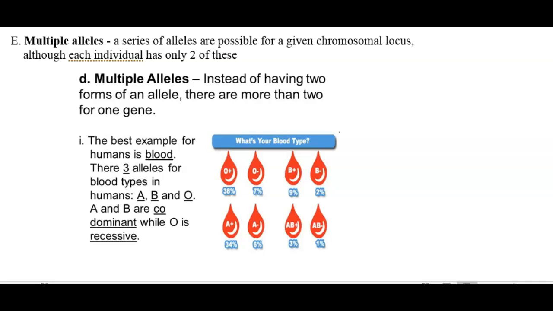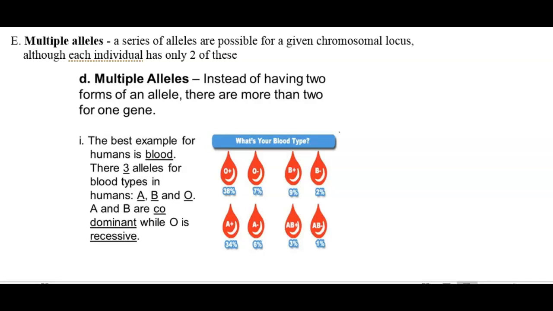Another type of non-Mendelian genetics is multiple alleles. Sometimes there are more than 2 alleles that govern the phenotype of a particular trait, and our example is going to be blood type. In blood type, we're going to see the presence of more than 2 alleles for this particular trait.